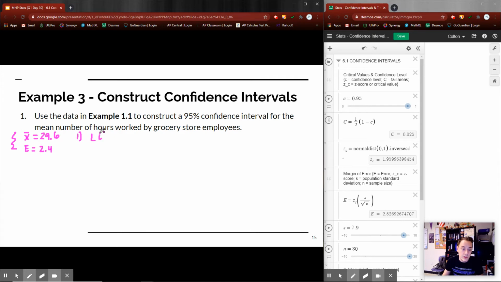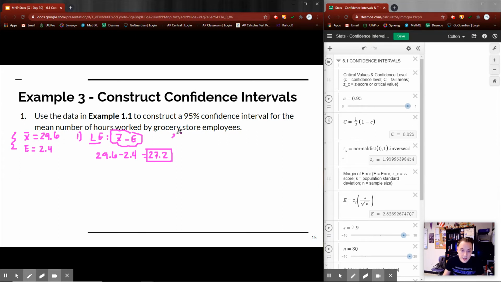So I'm going to first do my left endpoint. My left endpoint was my x bar minus my margin of error. So my x bar is 29.6 minus 2.4, and this is going to be equal to 27.2. So this is my left endpoint.